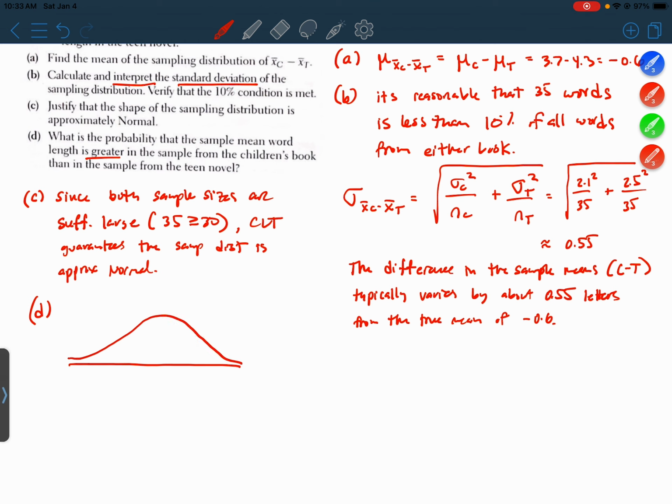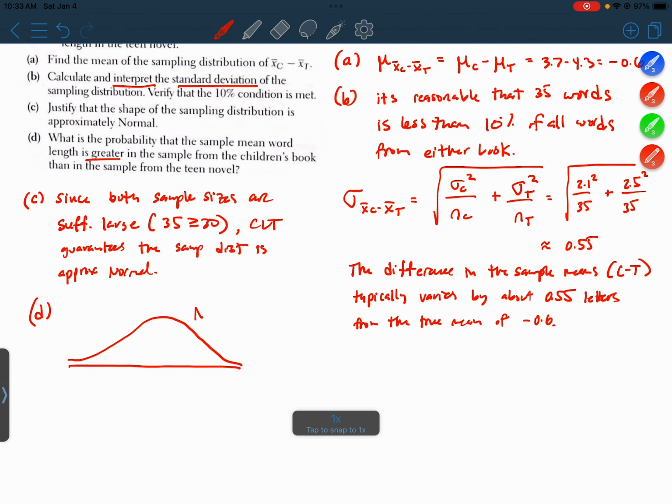And because in parts A and B we calculated the mean and standard deviation, the mean is negative 0.6, standard deviation is about 0.55.